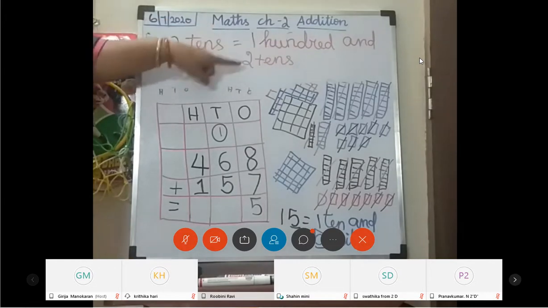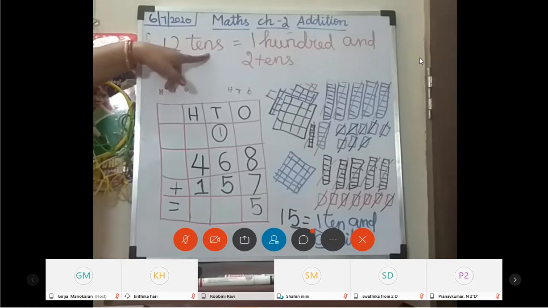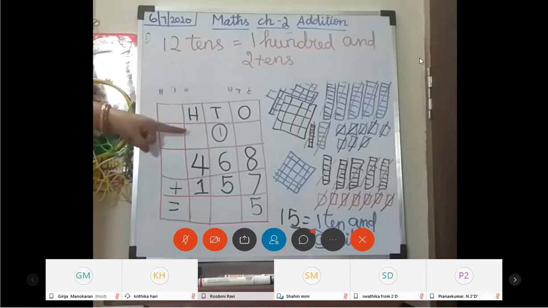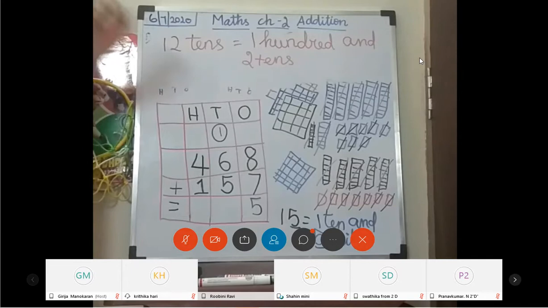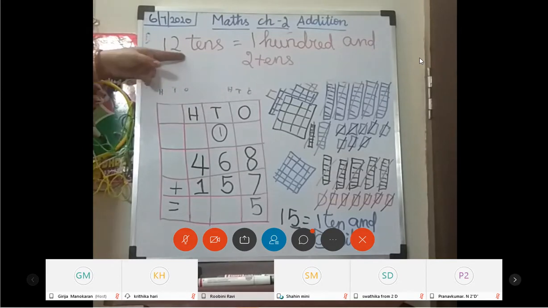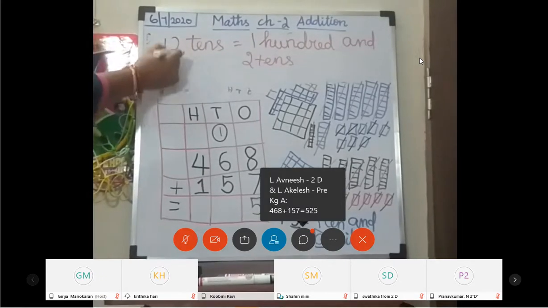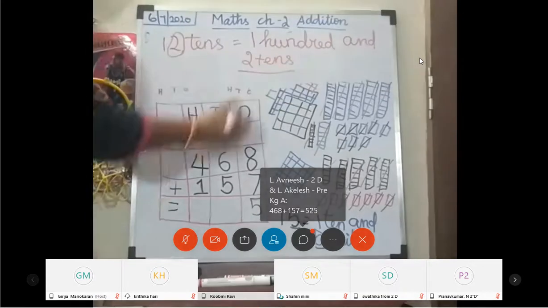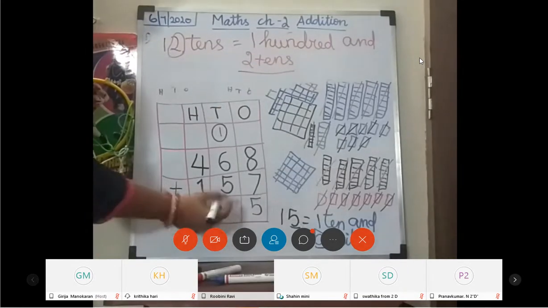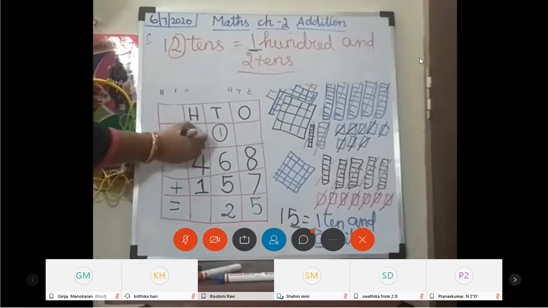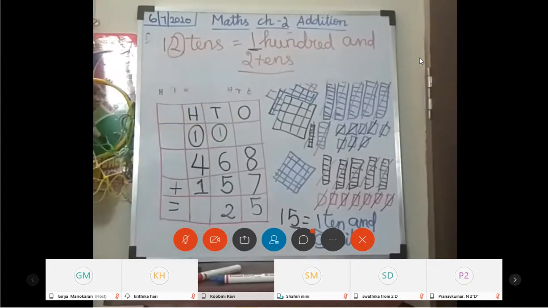If it is 10 tens, it will become 100. So 12 tens is 100 and 2 tens, right? So these 2 tens will come to the tens row, and this 100 will go to the hundreds row itself.